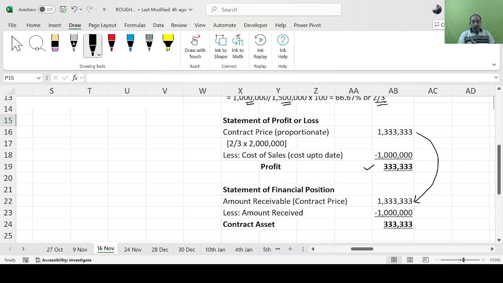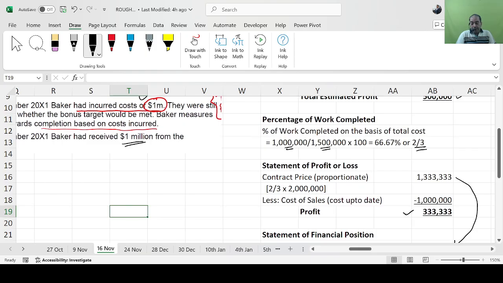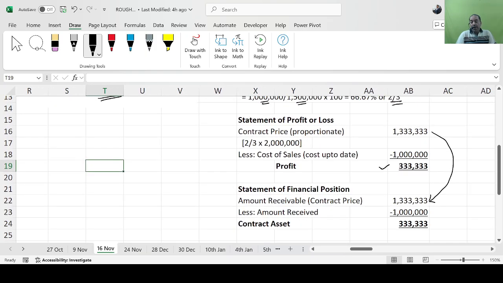That is receivable. How much has been claimed to be received? It has been given in the question. Company has received $1 million. So less from that receivable amount, the amount received, that is $1 million.